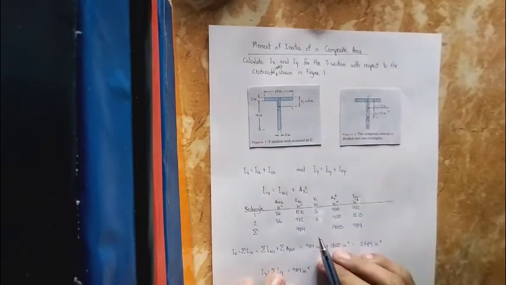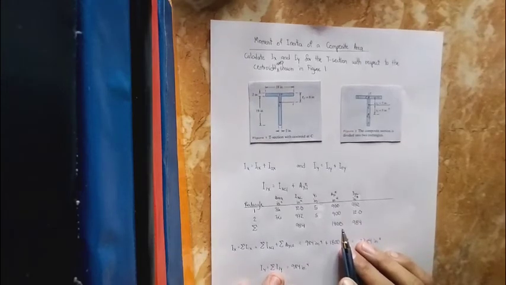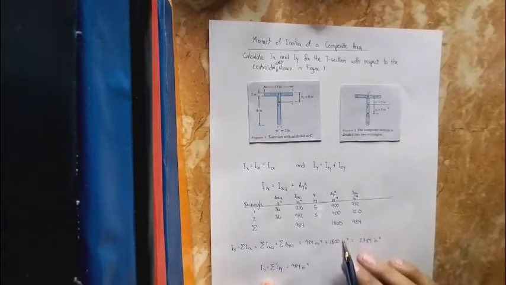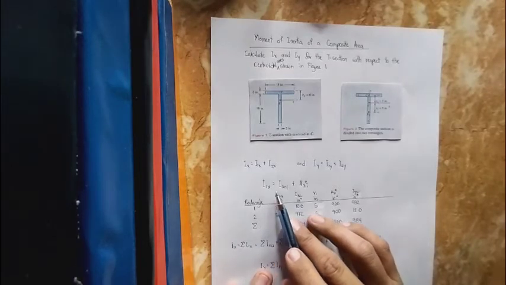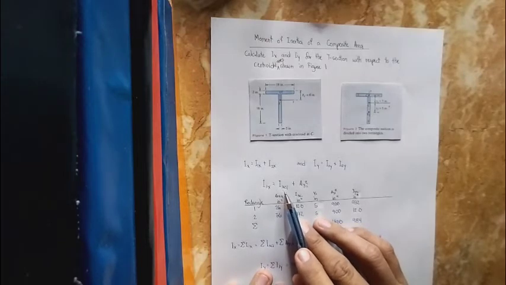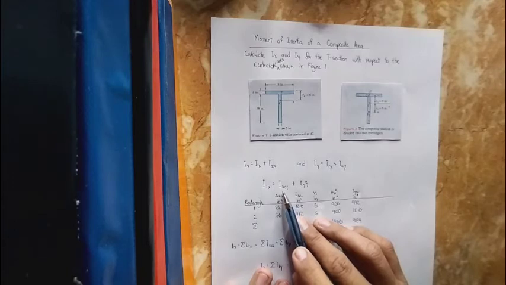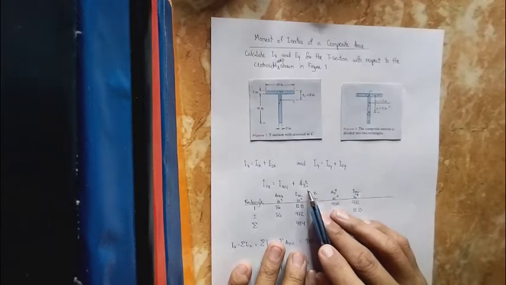Para sa bawat rectangle, kailangan natin gamitin ang parallel axis theorem para mahanap ang moment of inertia of x-axis. Ang moment of inertia about the x-axis is equals to moment of inertia at the centroidal x-axis plus area times y1 squared.